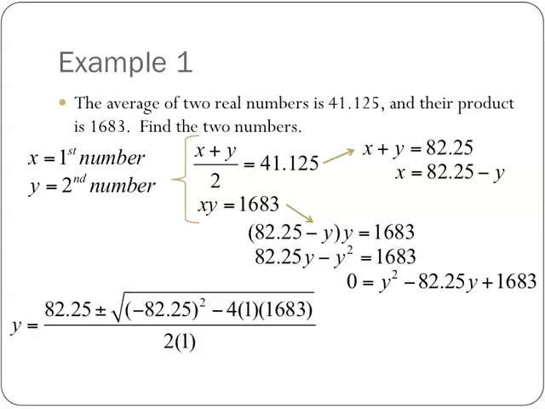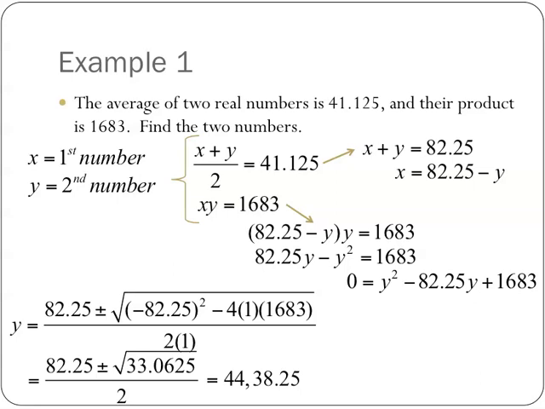So the quadratic formula gives us 82.25 plus or minus the square root of negative 82.25 squared minus 4 times 1 times 1683 all over 2 times 1. Okay, so that comes out to be 82.25 plus or minus the square root of 33.0625 all over 2. And simplifying that even further, we'll end up with 2 answers. That's 44 and 38.25. Now, that's the value for the second number, for y.